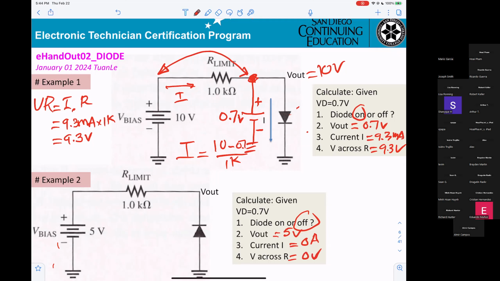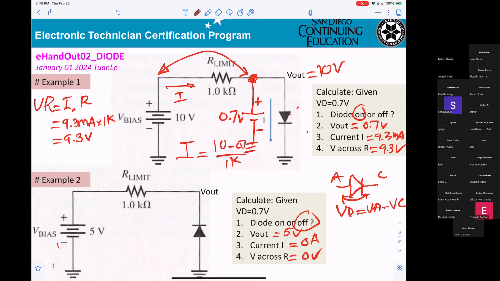Okay, now for clarification, is it off because of the way the diode is pointing? Now, diode here: anode A, cathode C. VD is VA minus VC.